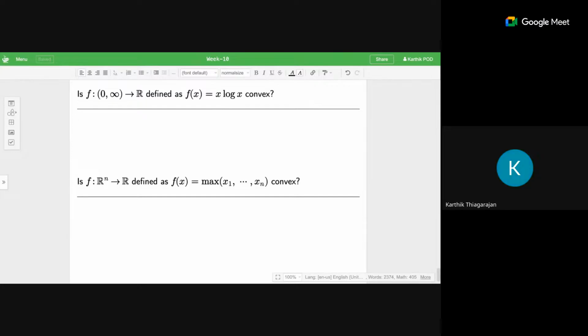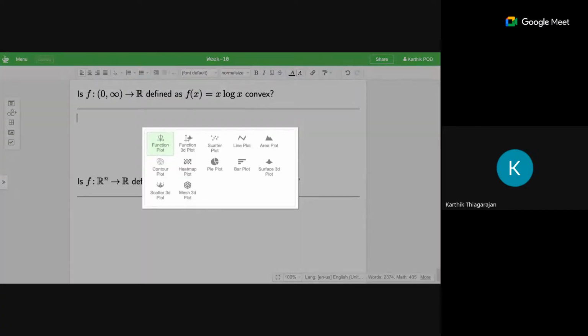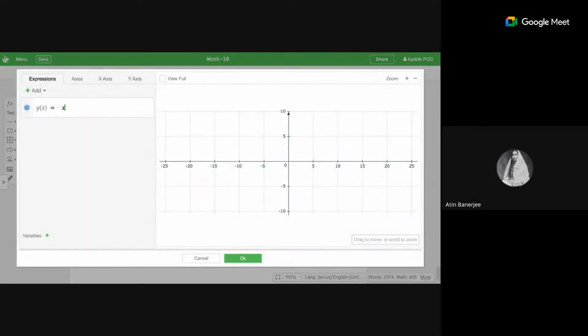And x is from 0 to infinity, so it's like multiplying a positive parameter to log x. Okay. So let's plot this and see. So it will remain concave. I think that's what it is, right?